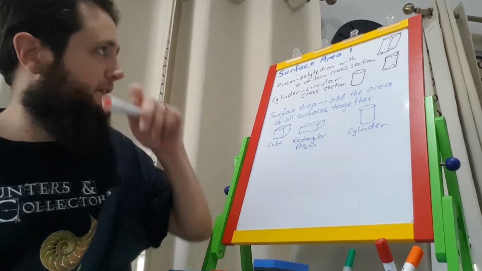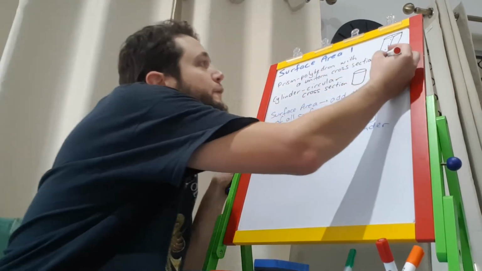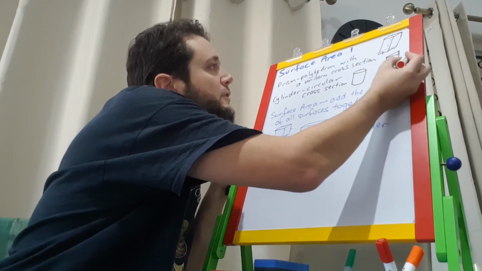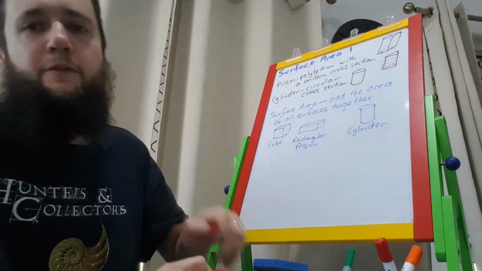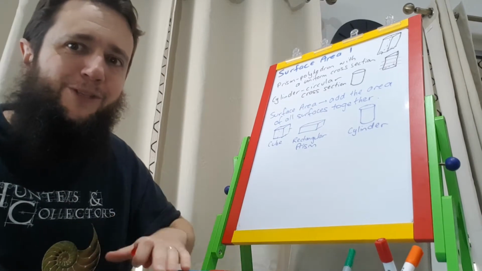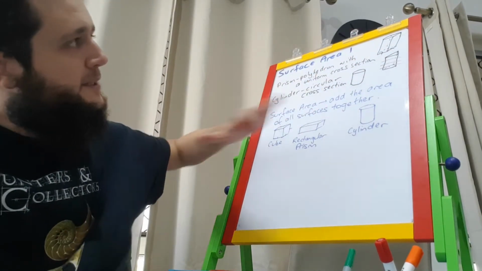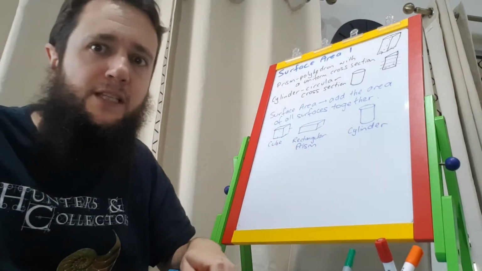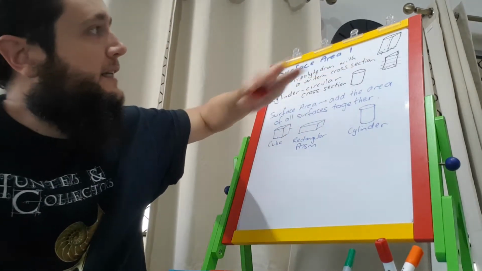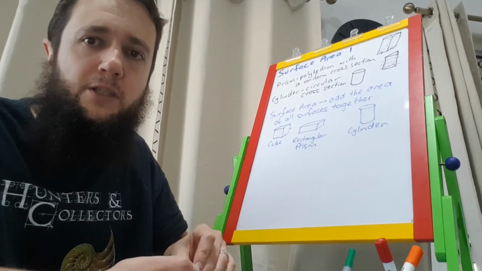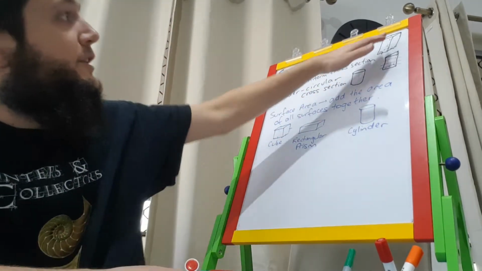Uniform cross-section is just this idea that if you chop this shape at any particular point, you'll get the same shape. It's uniform, meaning the same. So if I chop this object at any particular place going down it, you should see a triangle. Think about that. If I chopped it anywhere there, I'm still going to get the same triangle. So it's a uniform cross-section. Same with that one there.